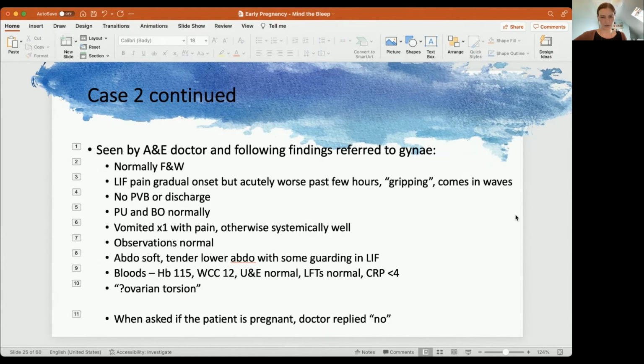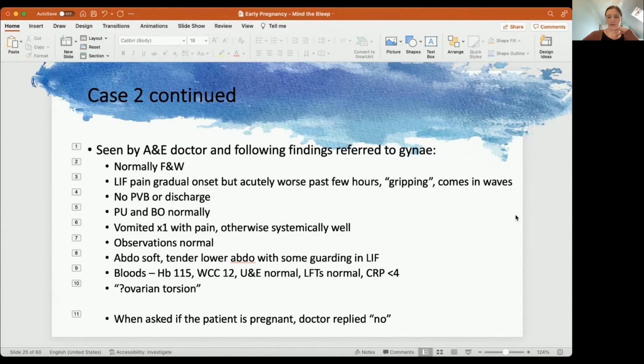Bloods are essentially normal, and it was referred as a query ovarian torsion, which is kind of fair. If the pregnancy test is negative, that's fair enough, especially vomiting with pain and gripping, which are quite commonly ovarian torsion. And I asked the doctor specifically if the patient was pregnant, and they said no.